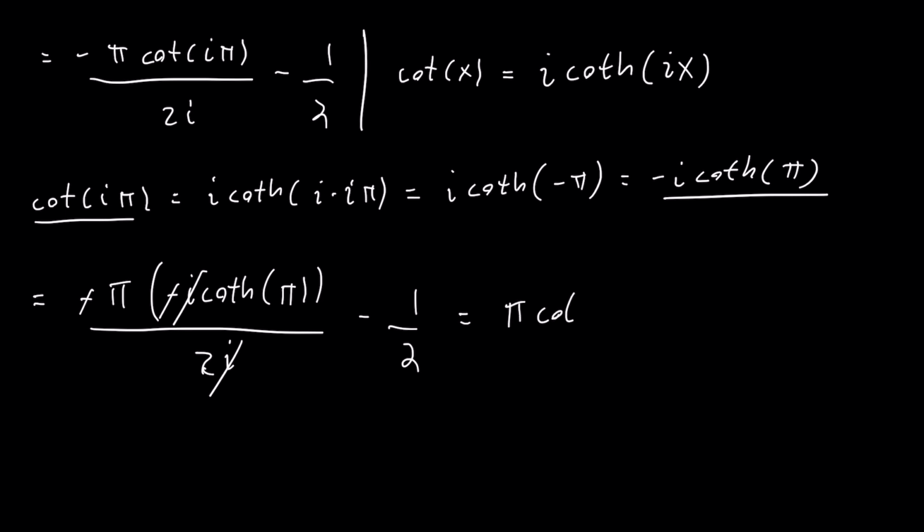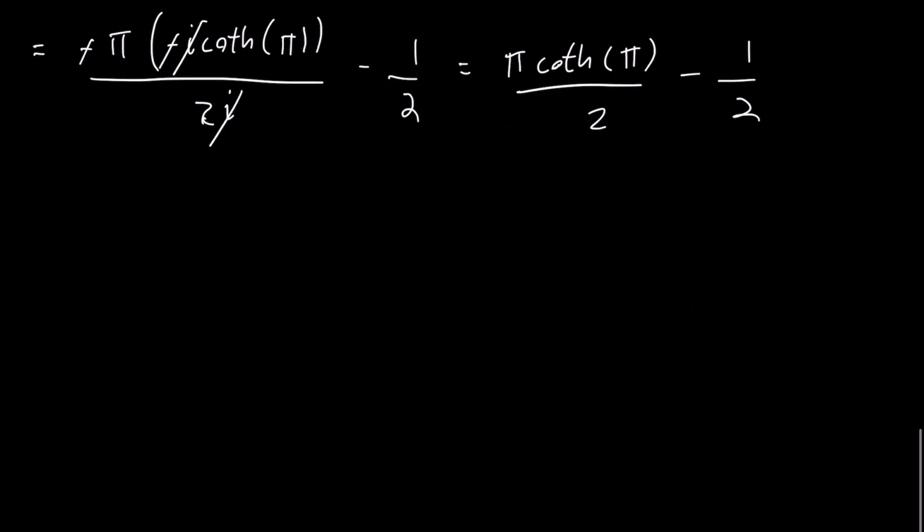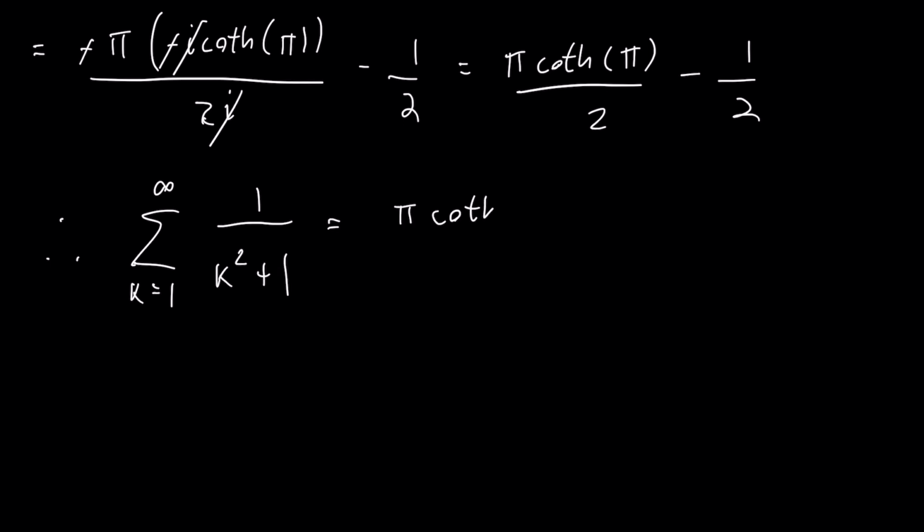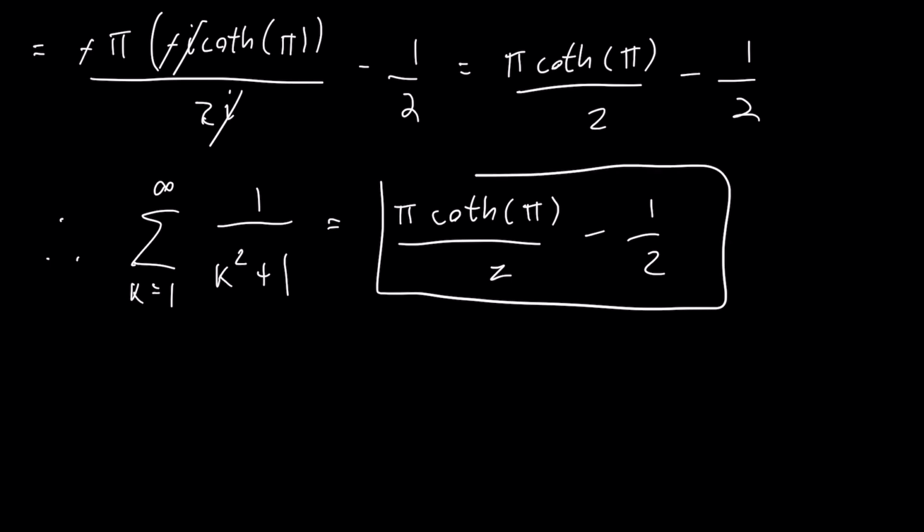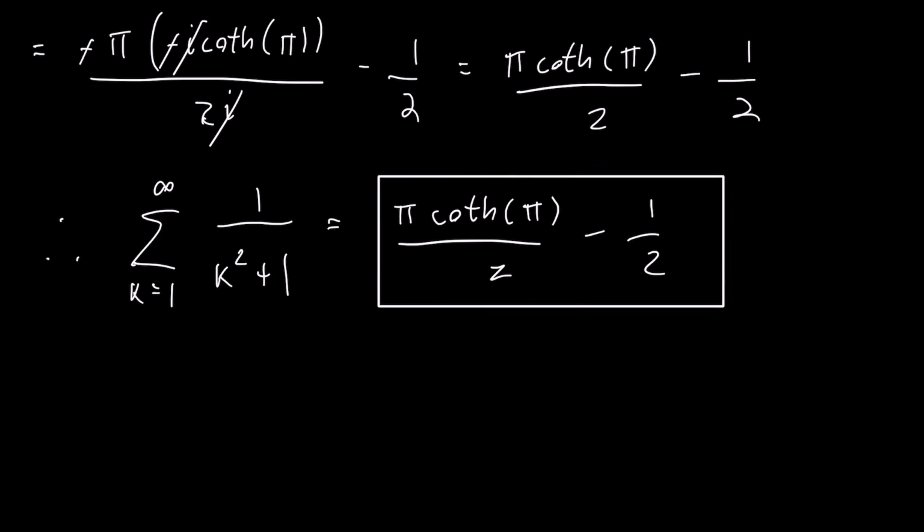So we have a pi hyperbolic cotangent of pi over 2 minus a half. So now we could say that therefore the sum from 1 to infinity of 1 over k squared plus 1 is equal to pi times our hyperbolic cotangent of pi over 2 minus a half. And so this is the final result.